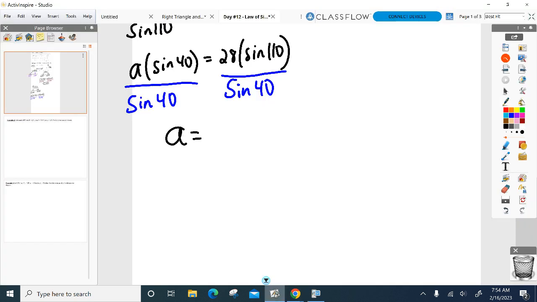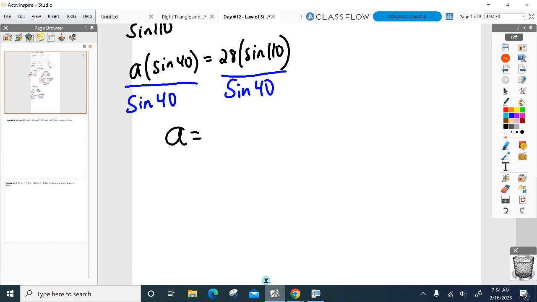Round to the nearest tenth. What do you got for me? 56.5? I didn't get that, did I? What are you plugging in there? 28 times sine 110.